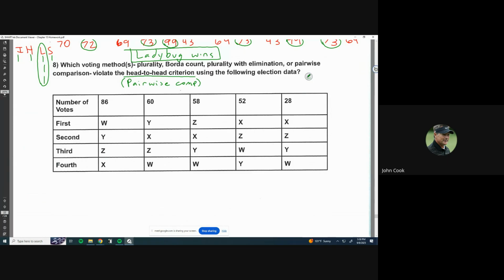So which of the voting methods violates it? Well, pairwise comparison is never going to violate it, but we've got to check the other ones.